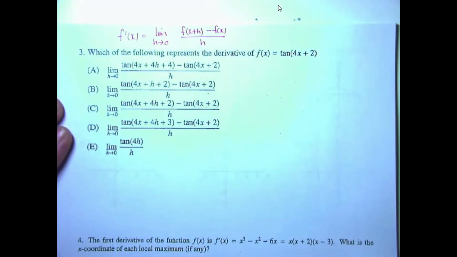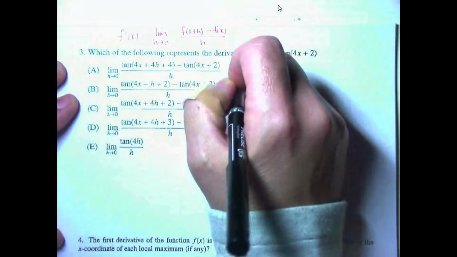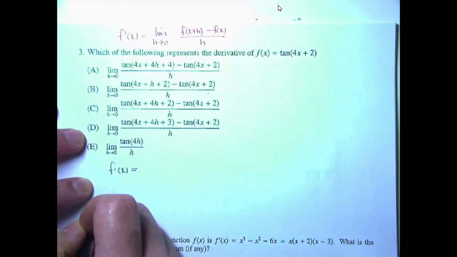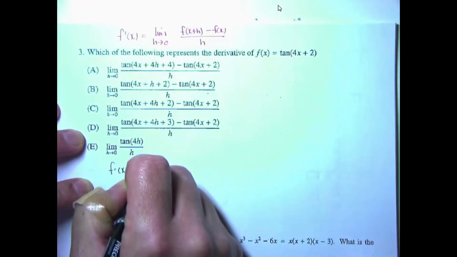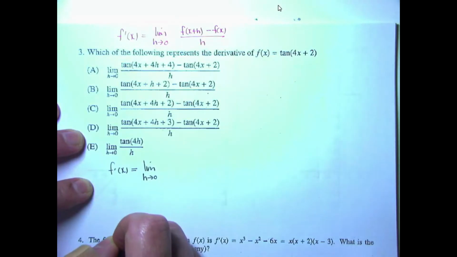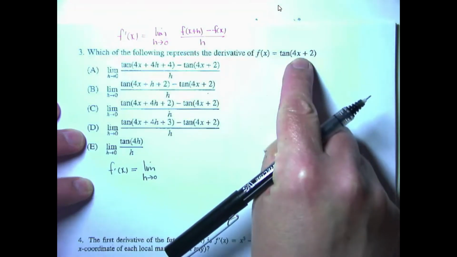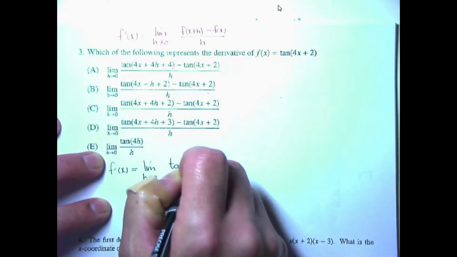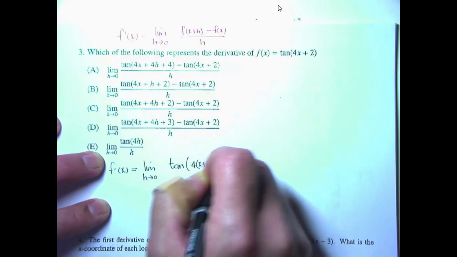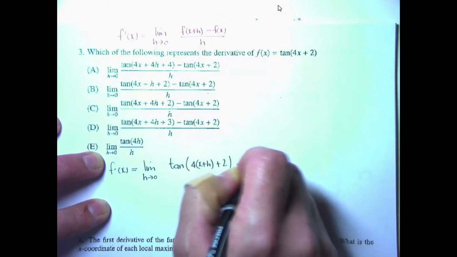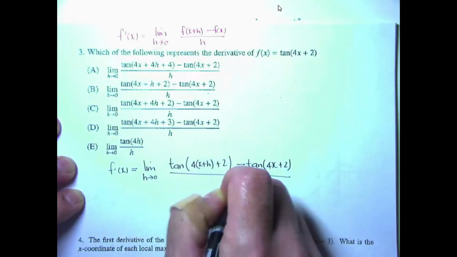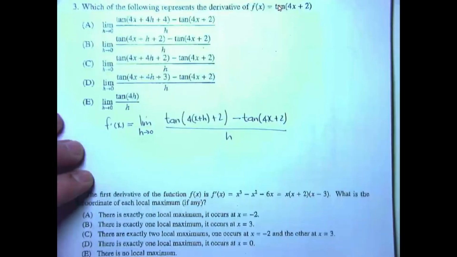So if we plug our function, tangent of (4x plus 2), in there, f prime of x will be equal to the limit as h approaches 0 of, all right, so this function evaluated at x plus h will be tangent of (4 times (x plus h) plus 2), minus tangent of (4x plus 2), divided by h. And we can clean up a little bit here.